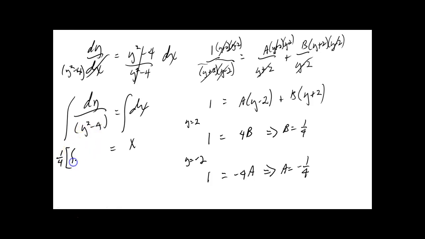The first integral is then going to be dy over y minus 2. And the second integral, just going to have a minus in front of it, the integral of dy over y plus 2.